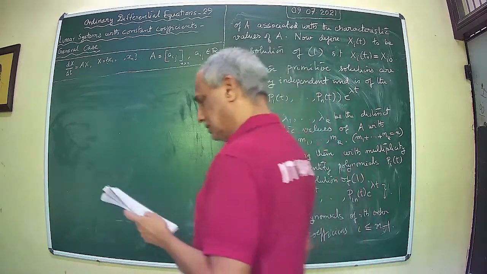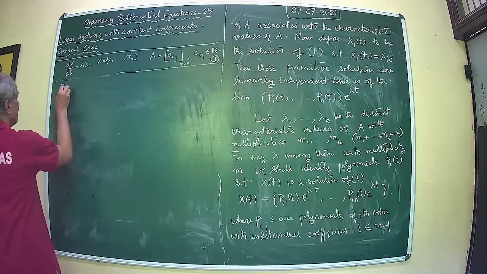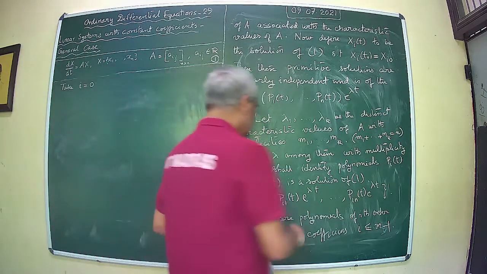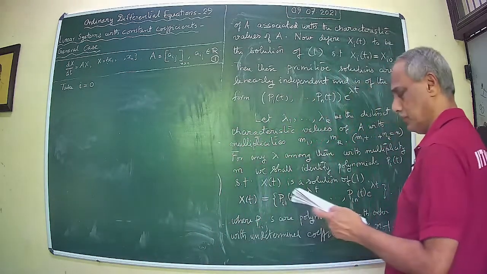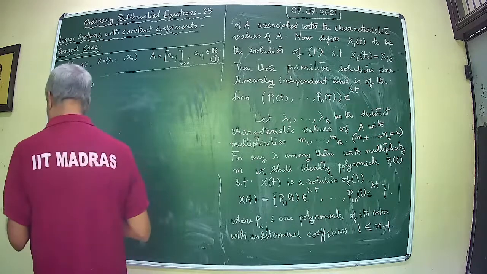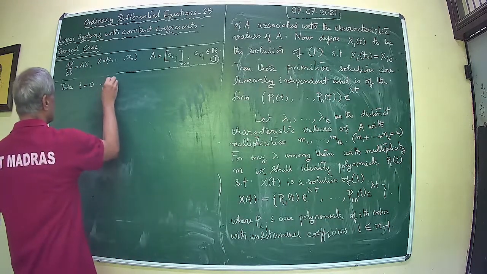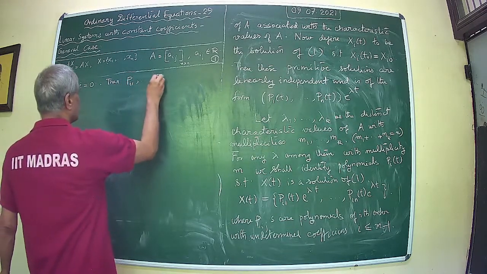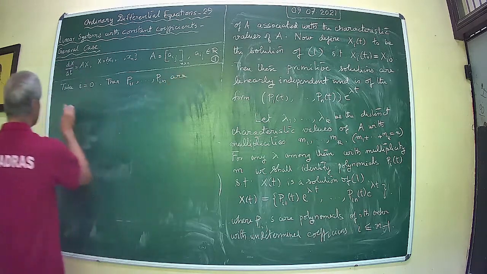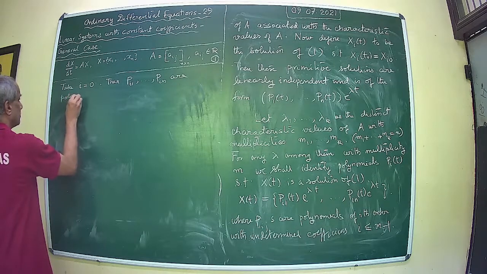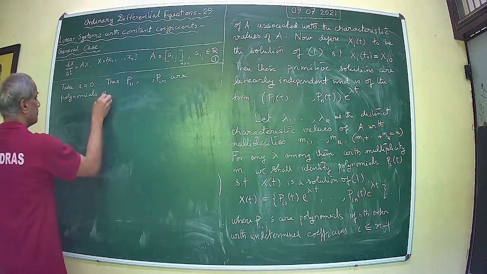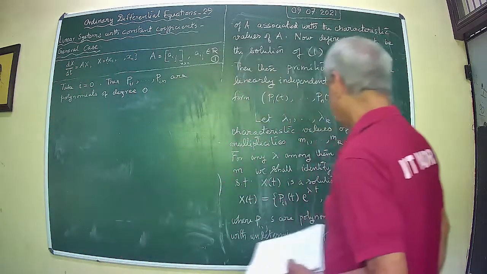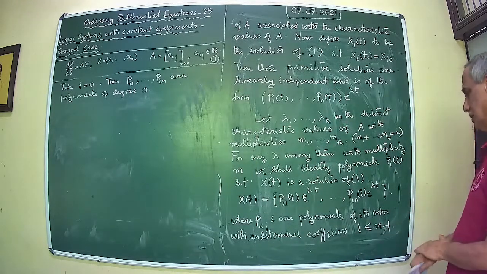First we start with constants, so p1, p2 up to pn are of degree 0.